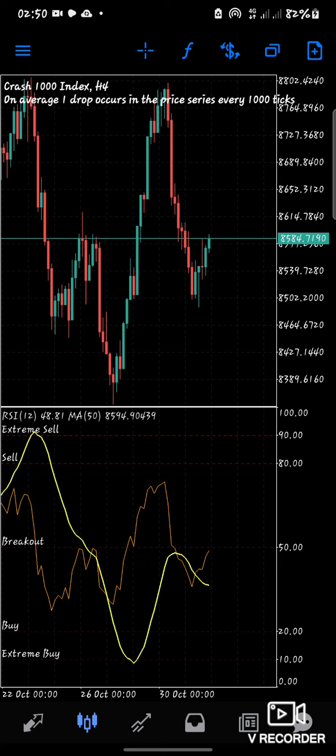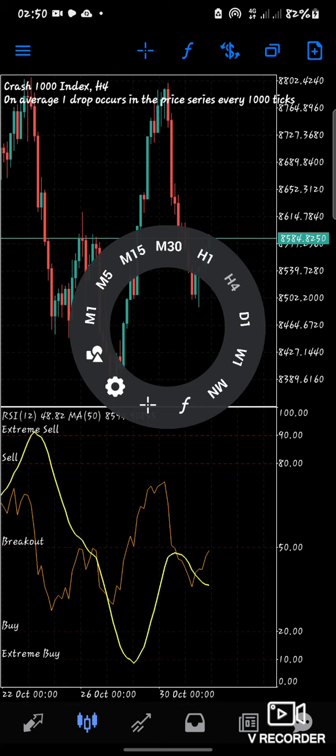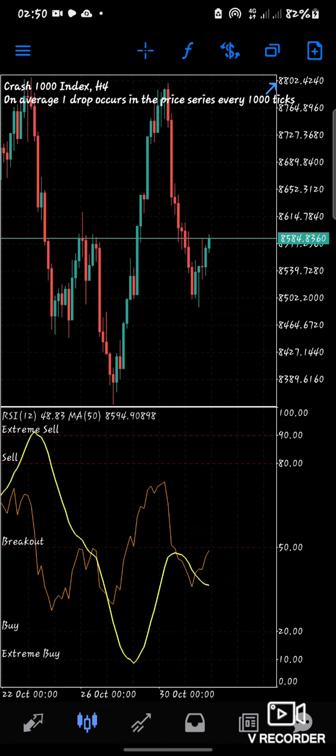Swing points are a change of direction or trend in the market, for example, where the market must have changed direction, like here is a swing point. You can see the market reversed here and started going up, and here too you can see the market reversed here and started going up.